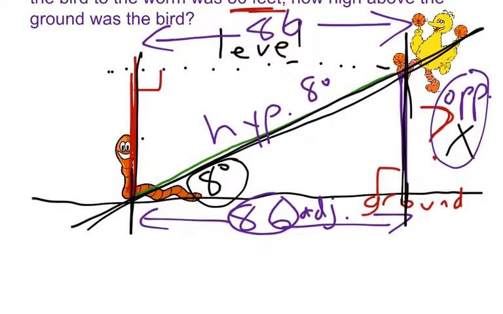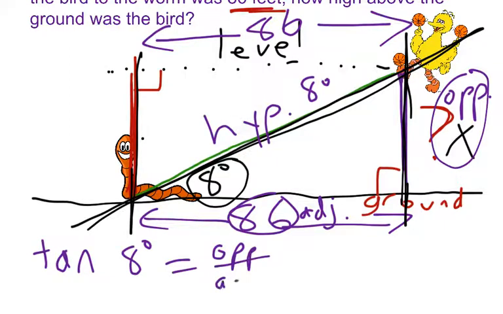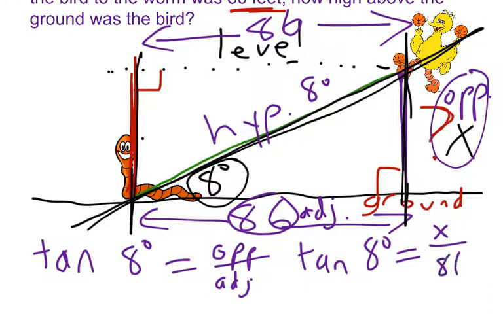So I'm going to do tangent of 8 degrees equals opposite over adjacent. I'm just going to rewrite that now, plugging them in. It's tangent of 8 degrees equals, opposite of it is x, adjacent to it's 86. And now I just cross multiply.